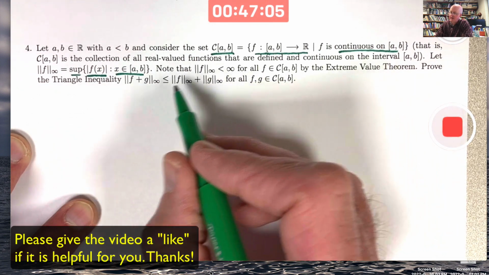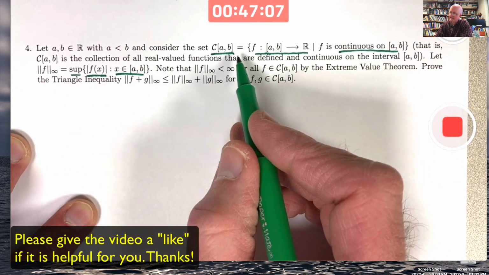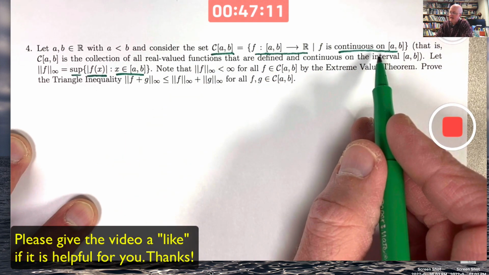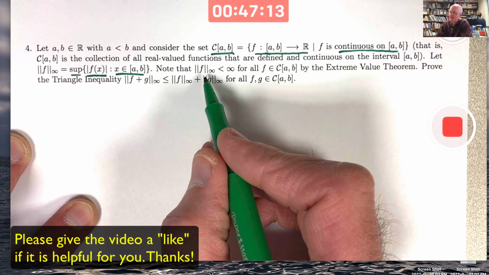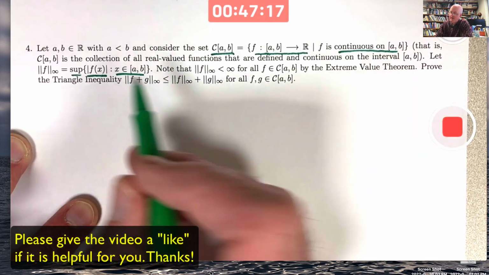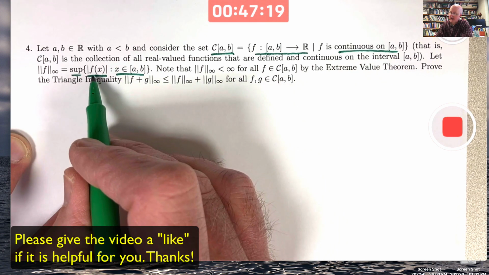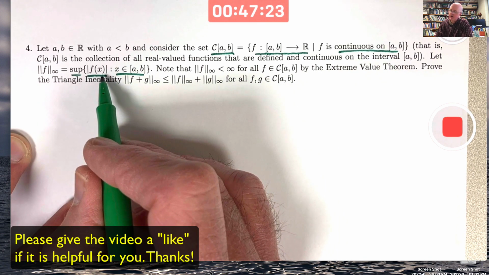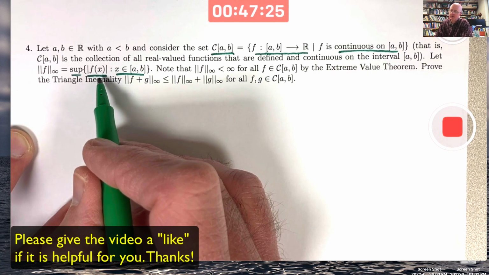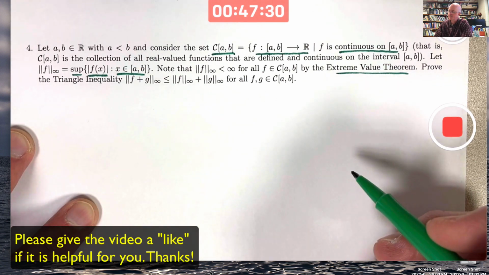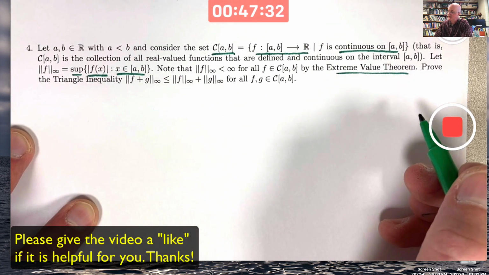Note that no matter what the function f is in this collection of continuous functions defined in the closed interval from A to B, such a norm will have a value less than infinity. In other words, it'll be a real number. This set of absolute values of f of x will be bounded above by some real number because of the extreme value theorem in calculus for continuous functions.